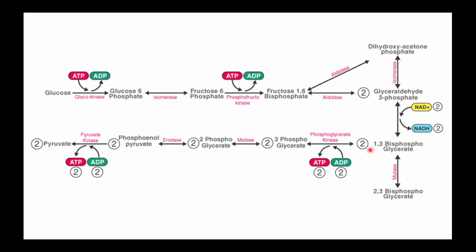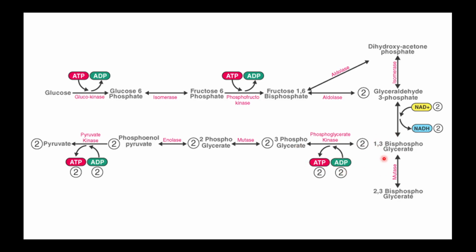Now in this step, 1,3 bisphosphoglycerate to 3 phosphoglycerate, this is a dephosphorylation step. Dephosphorylation means one phosphate is lost from 1,3 bisphosphoglycerate and only 3 phosphoglycerate remains. So the phosphate on the first carbon is transferred to ADP to become ATP.